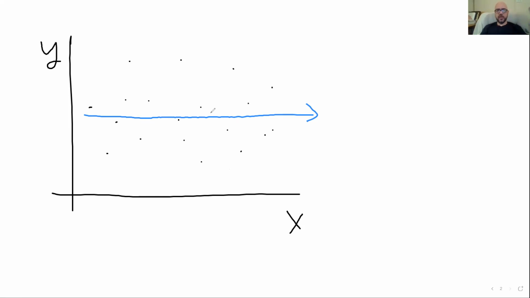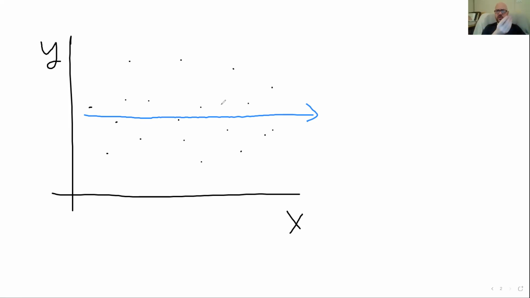That's why it says beta, rho equals 0 or not equal to 0. We're also testing beta at the same time. What it's really saying is: is it true that the population regression slope is 0, and that the population correlation coefficient is 0, because they're 0 at the same time.